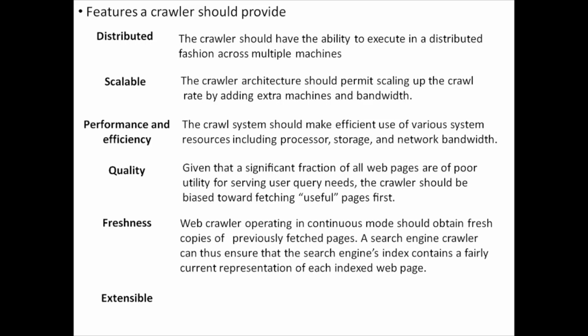So when the content changes, the indexing also changes. If the web crawler is operating in a continuous mode, the URL should be fetched, the corresponding web page should be fetched and indexed, and the index part should be updated.